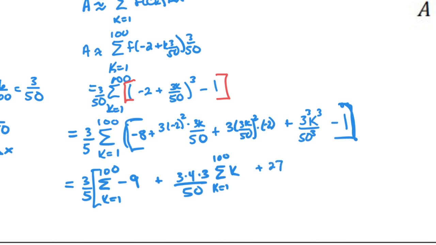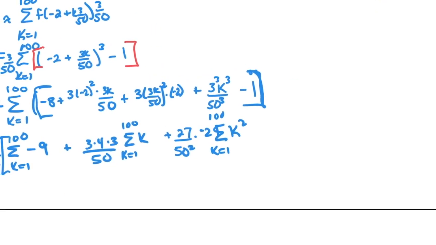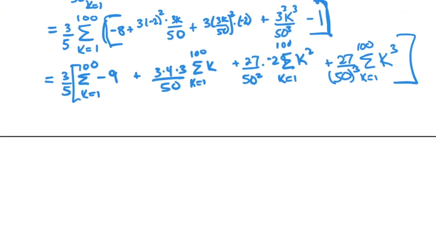Next part, we have 27 over 50 squared times -2k, sum, k equals 1 to 100, k squared. Third part, right here, we will have a plus 27 over 50 to the third, sum, k cubed for k equals 1 to 100. All right, no worries, we're doing great.